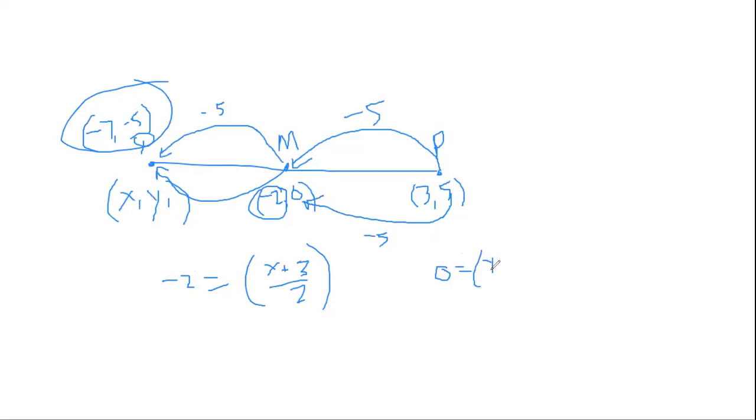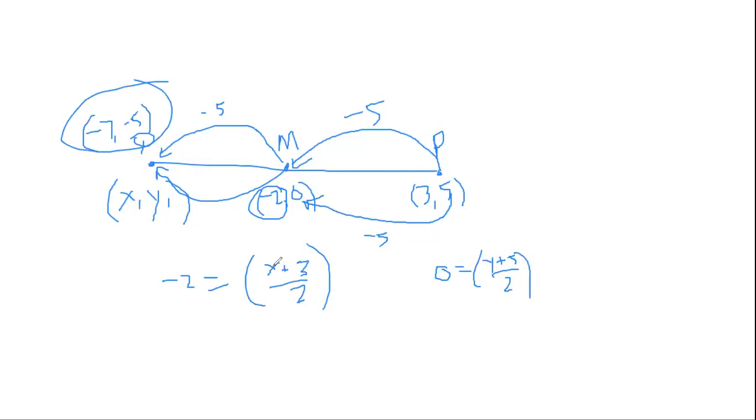I have y plus 5, and I'm going to divide that by 2. So you can hopefully see how I've taken the midpoint formula and plugged in what I know, and I'm solving for the other.